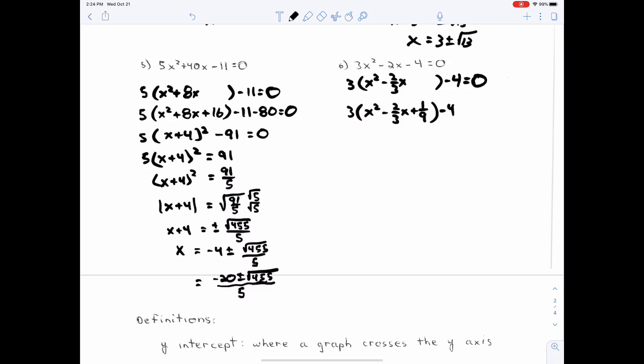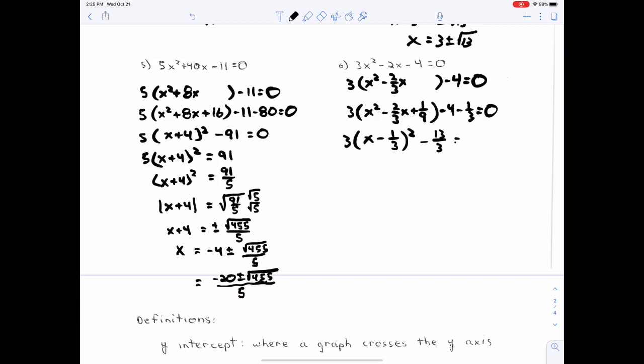Now, when I wrote plus 1/9 with my pen, what was I actually adding to that side? 3 times 1/9, which is 1/3. So I'm going to subtract 1/3. Okay, so we have 3 times x minus 1/3 squared. Again, first term, last term, check with the middle. And then when I add these, I get 13/3.